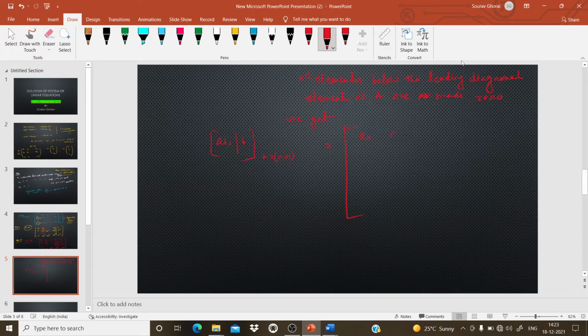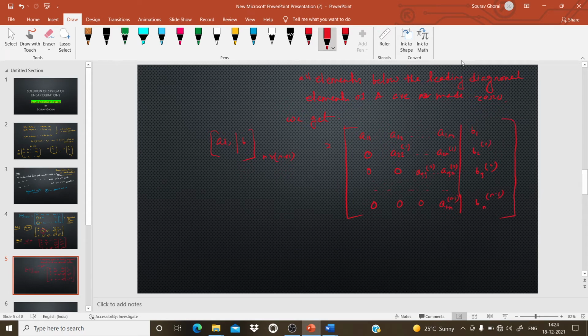We get this n cross n plus 1 matrix. We get A11, A12, B1. This is 0, B21, 0, 0, A332, and then this will be Ann n minus 1, Bn n minus 1.